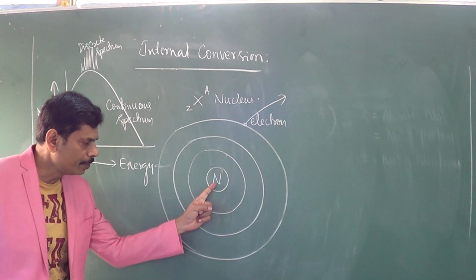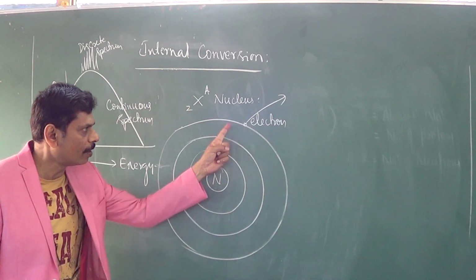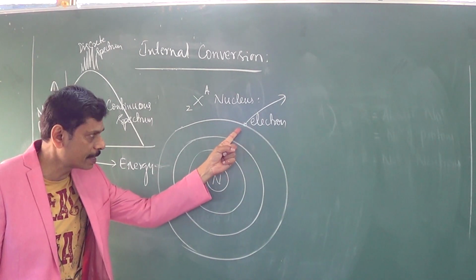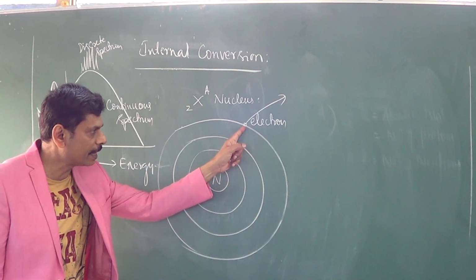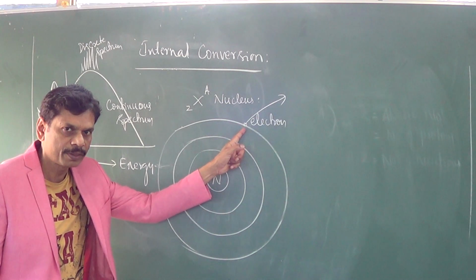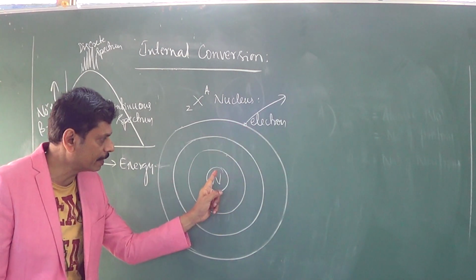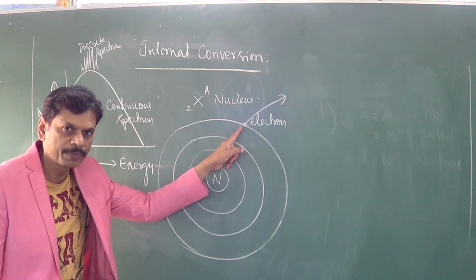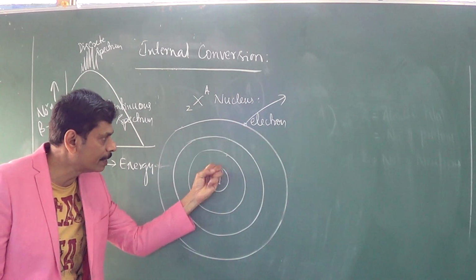The excited nucleus gives its energy to an orbital electron, not necessarily the valence electron. The electron absorbs that energy, provided that the energy supplied from the nucleus is more than the binding energy.